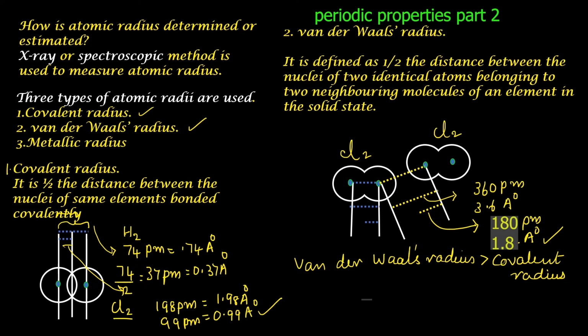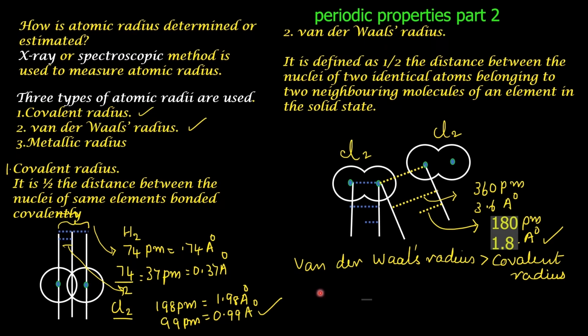This is because in covalent radius the atoms are bonded by covalent bond. There is overlapping of atomic orbitals. So the nuclei of the two atoms tend to be closer. But in the case of van der Waals radius, the van der Waals force which binds the molecules together in a substance is very weak, and there is a small gap between the molecules in a substance.